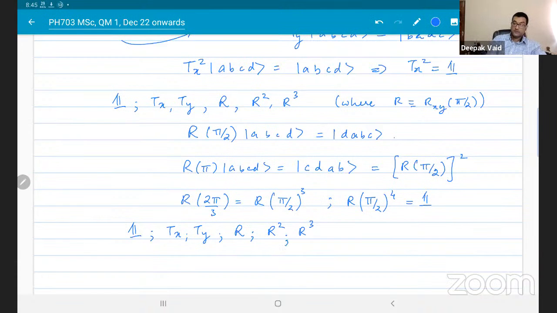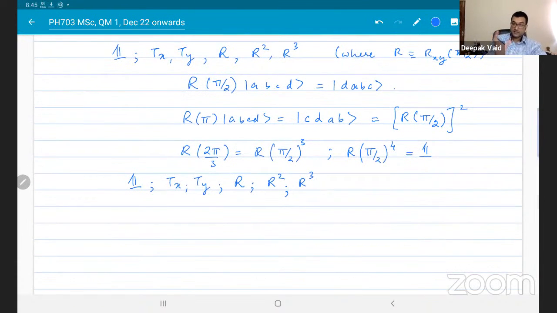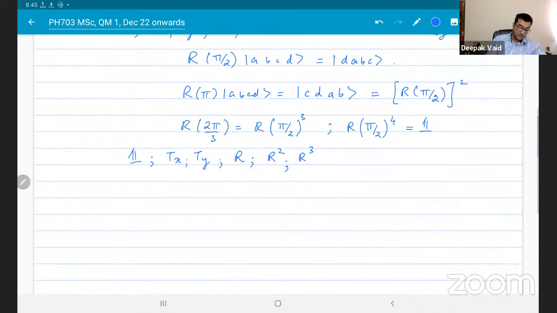Now, why do I call it a group? There is a certain structure that a group has. What is that structure? So a group is a set, right, with a multiplicative operation.